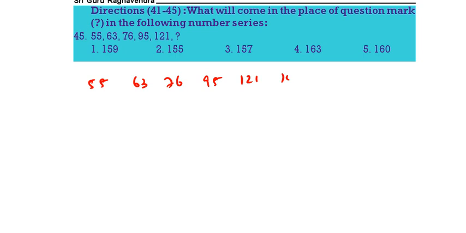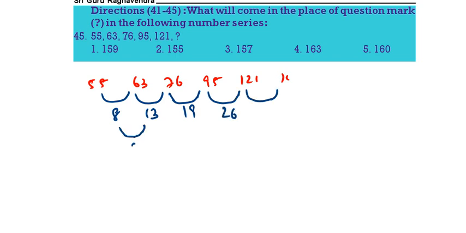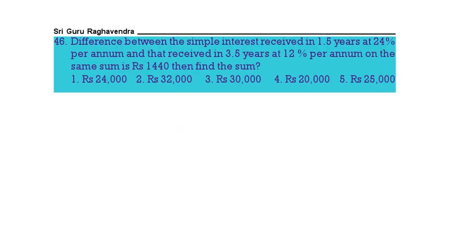See here, 55, 63. The difference is 8. Here 13. Here 19. Here 26. Then it will be 5 difference, 6 difference, 7, 8. That is 34. 121 plus 34 is 155. 2 is the correct answer.